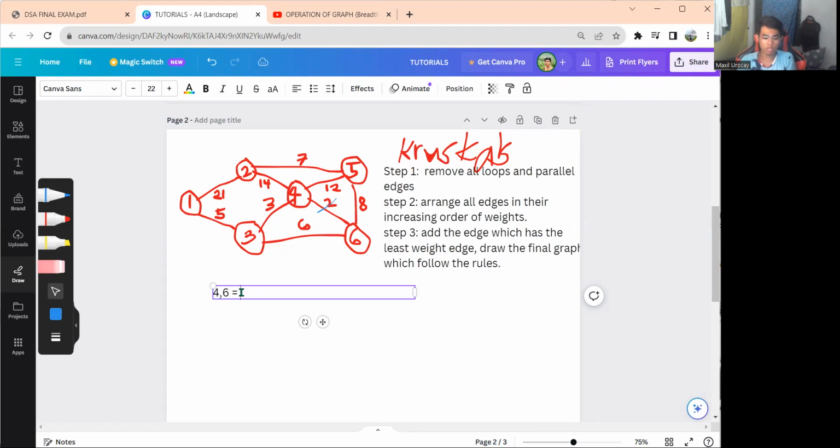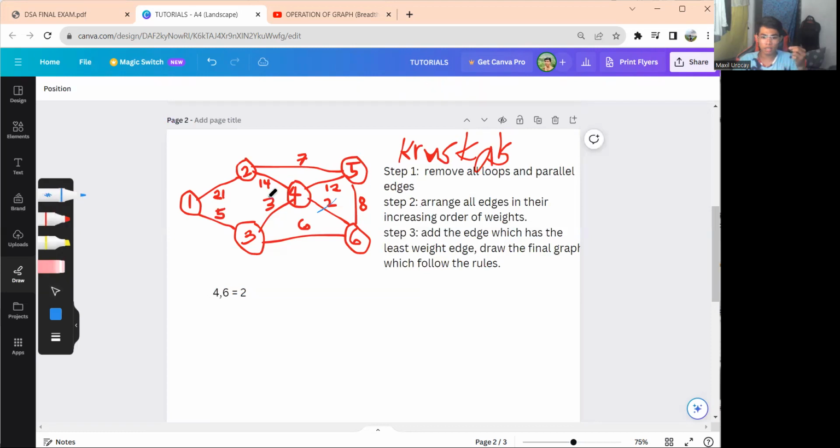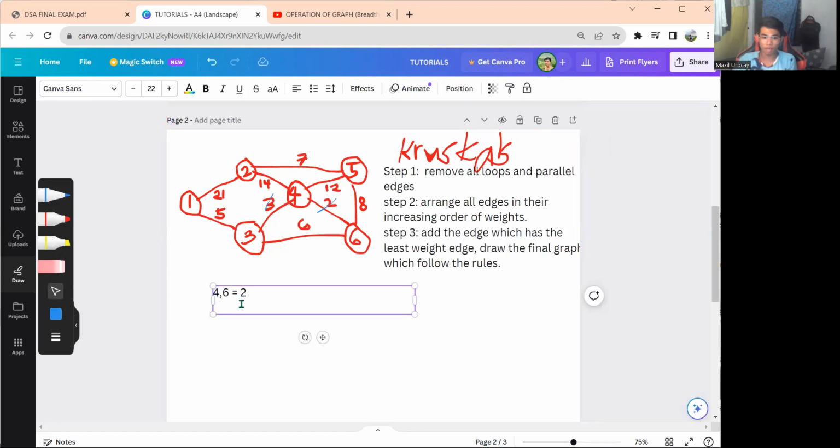So 4 to 6 is 2. Then followed by the 2 is number 3. So we cross out 3 and update. You don't need to put that cross, you don't cross out the edges in the graph. I only put it to determine what we have finished.